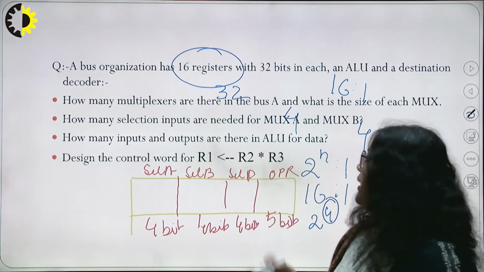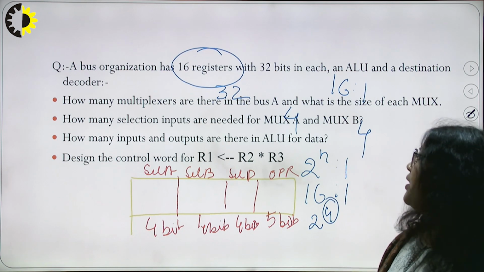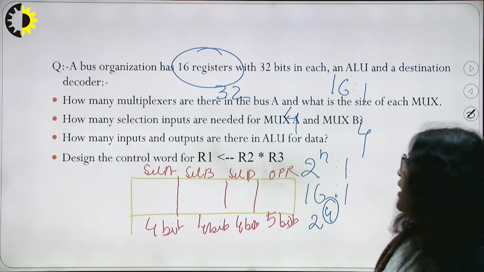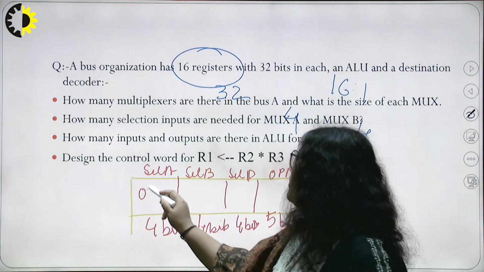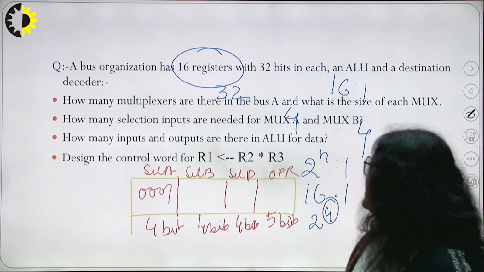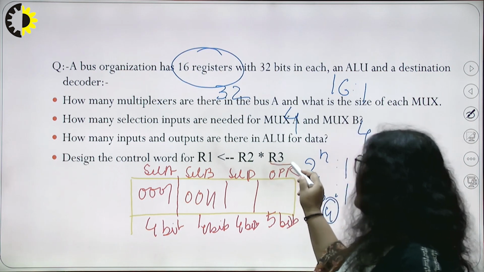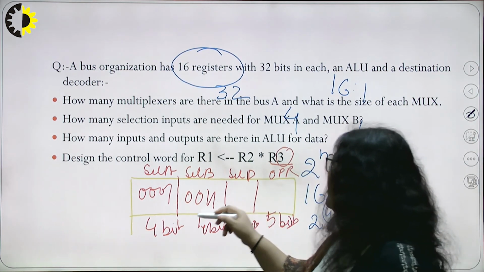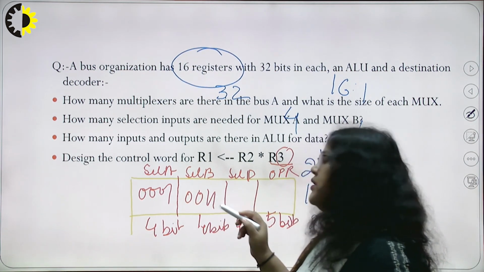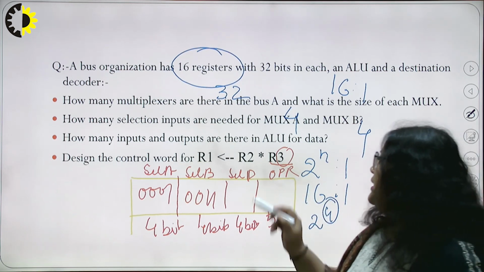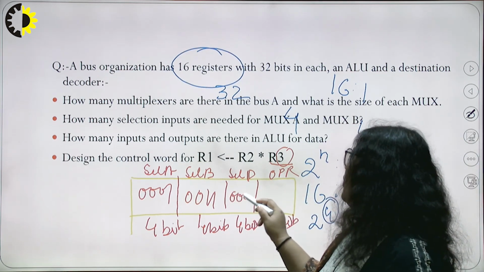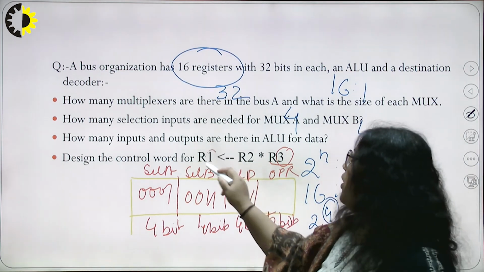In this particular example, because the input values are R2 and R3, the select A bits are 0, 0, 1, 0. The select B bits are 0, 0, 1, 1, because it is R3 and the binary of 3 is 1, 1, so in 4 bits it is 0, 0, 1, 1. And the select D bits are 0, 0, 0, 1, because it is R1.